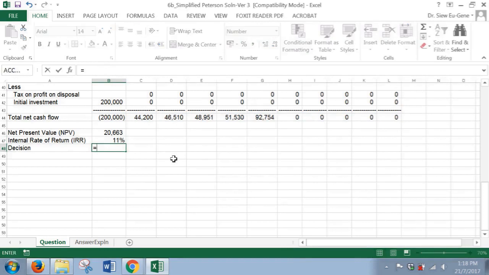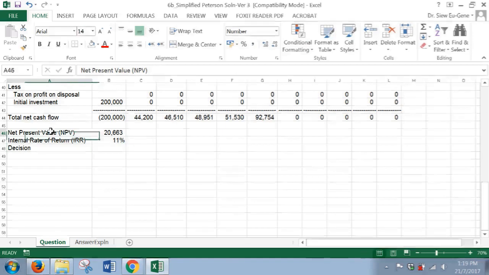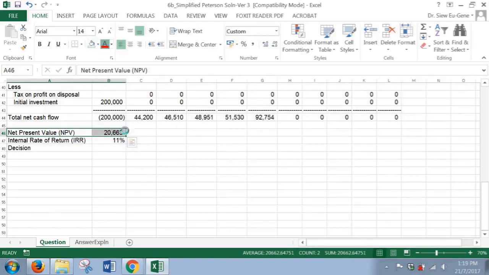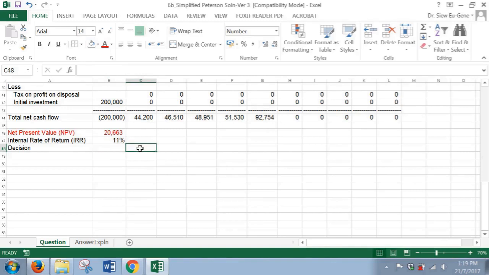Decision, how do you make a decision? We usually use NPV as the way we make decisions, because NPV is the most theoretically favorable. If NPV is more than 0, we invest. Otherwise, we don't invest. We don't look at IRR because sometimes there can be multiple IRRs and we don't know which one is correct.